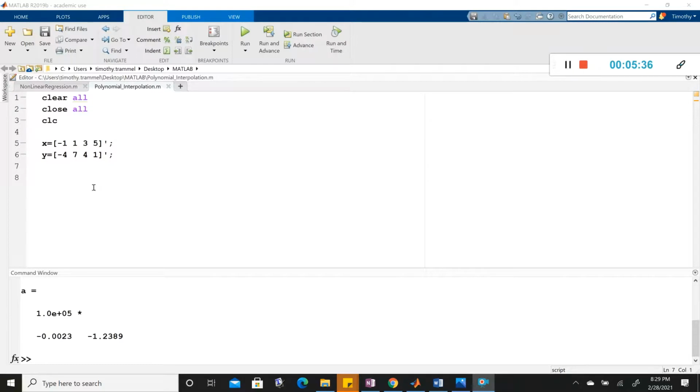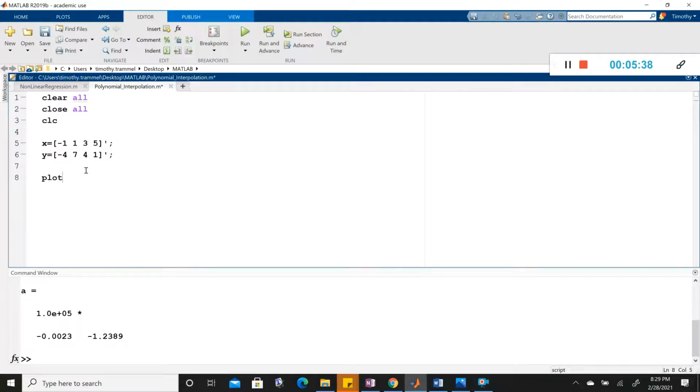So let's go into MATLAB and give this a go. Let's go ahead and start by plotting this x and y. So plot x, y. Hold on. And then let's go ahead now and set up that system. So we had some matrix that was formed by doing all the x's cubed. And you can already see I already have x in here written as a column vector. This right here gives us the transpose of all this.